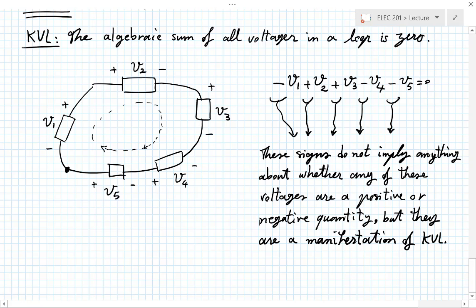Could I have done it the other way around, if I started from the same node and went counterclockwise? I could. And I could, again, have chosen either one of those two conventions. And I would get the same equation again and again. So there's really 4 different ways of doing this to get the same equation.